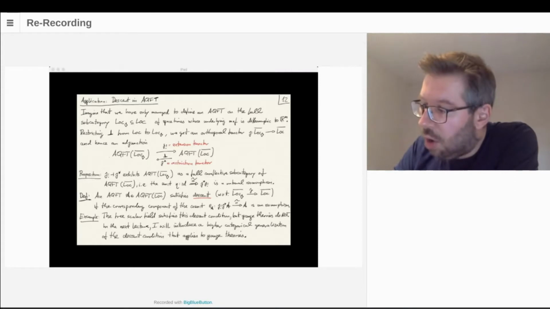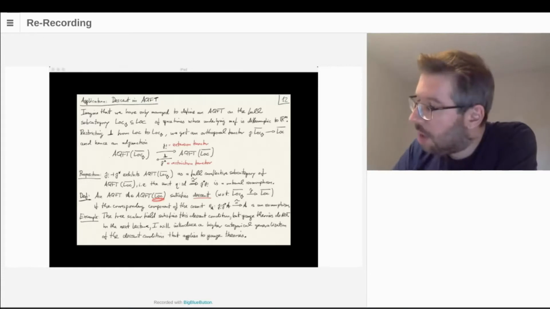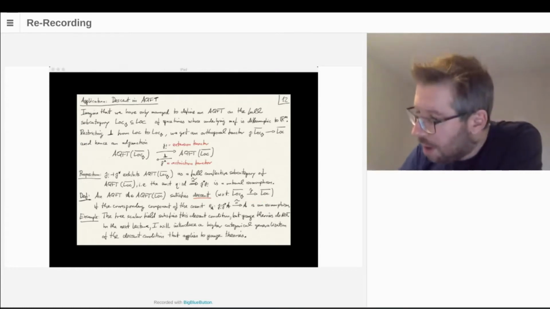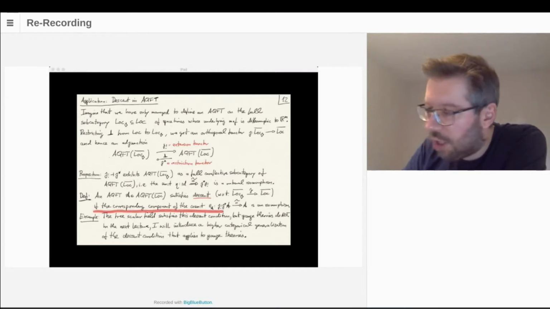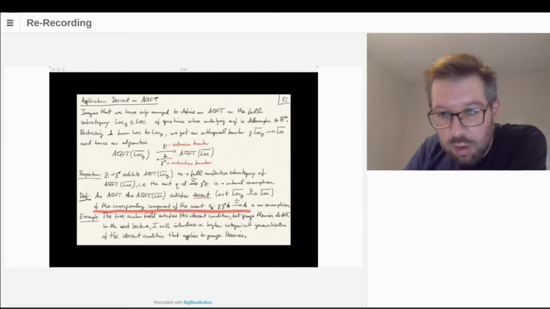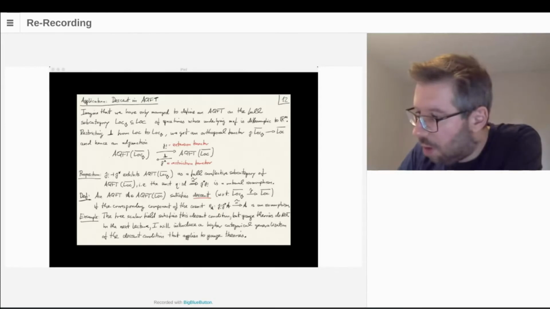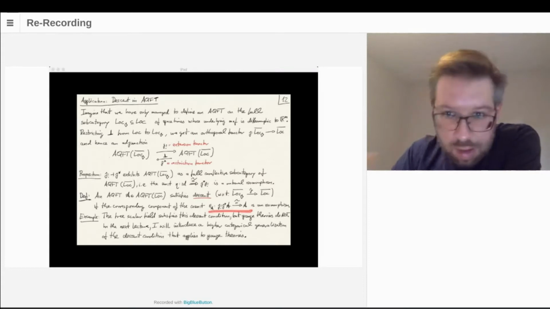An AQFT A on Loc satisfies the descent condition with respect to this diamond spacetime inclusion, so descent is always with respect to something, if the corresponding component of the co-unit of this adjunction is an isomorphism. The co-unit of the adjunction is a natural transformation from restrict-extend to the identity, and this component of the co-unit should be an isomorphism, and when this is an isomorphism I say that the theory satisfies descent.